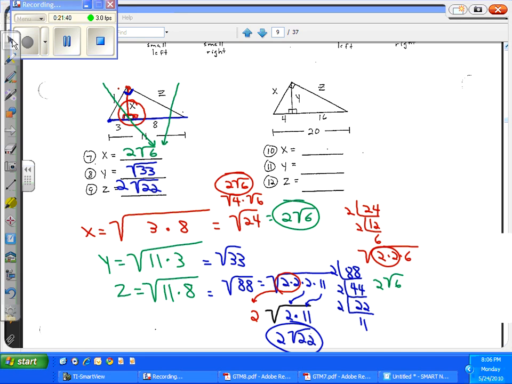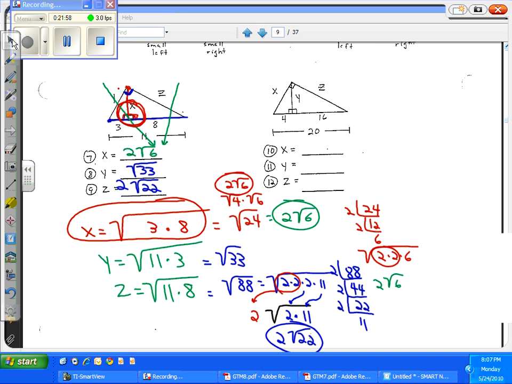So if the altitude is drawn to the hypotenuse of a right triangle, then the altitude is the geometric mean between the two segments of the hypotenuse, and either leg is the geometric mean between the hypotenuse and the segment of the hypotenuse adjacent to that leg. In other words, altitude is equal to the square root of piece times piece.